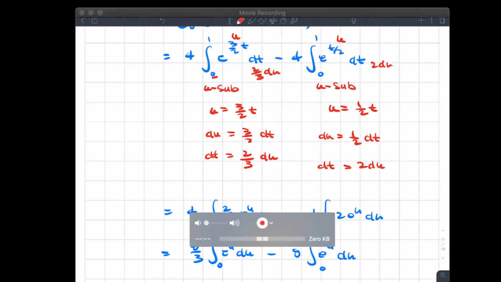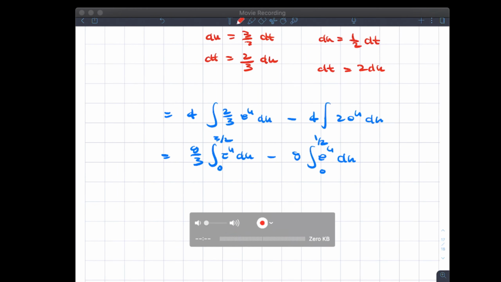T is 0 and 1 for this u, and t is 0 and 1 for this u over here. So that changes your limits. Anyway, what I want to say is you guys want to finish this off and get your final answer, but this is how you start to integrate where the orientation is a nice increasing orientation for x. If the orientation is the other direction, decreasing, then put a minus sign.